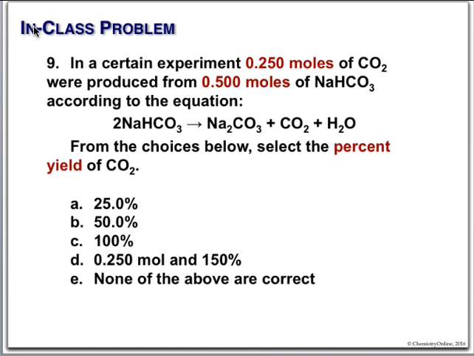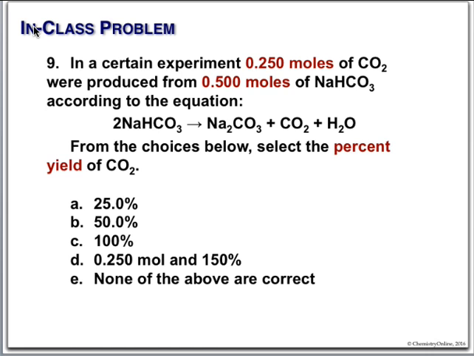Now, according to our equation, every 2 sodium hydrogen carbonates gives 1 CO2. So again, it's a 2 to 1, isn't it? So if we had 2 moles of sodium hydrogen carbonate, we would get 1 mole of CO2.